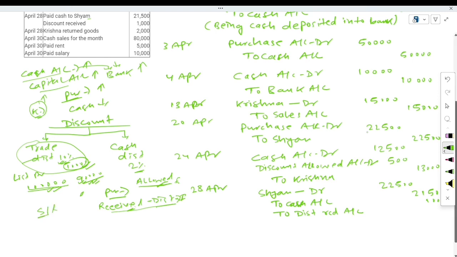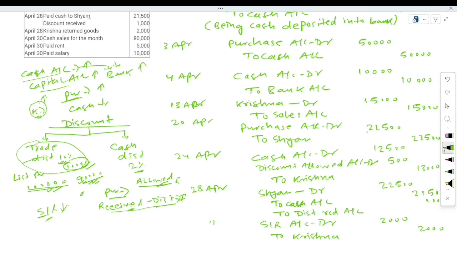When your customer returns goods to you, it means your income will decrease, and decrease in income will be debit. So what entry will you pass here? You will pass sales return account debit to Krishna. How much amount? 2000. We will write here amount 2000 and 2000.